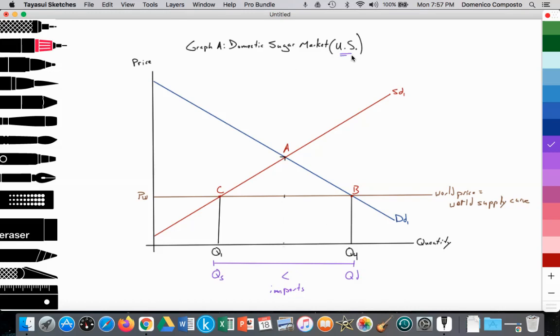But then the U.S. central government decides to intervene to protect their domestic sugar farmers and producers, and they decide to place a quota to limit imports and increase domestic production. The best way to do this that I've found in drawing a quota graph is as follows, because this is a little bit difficult to draw.